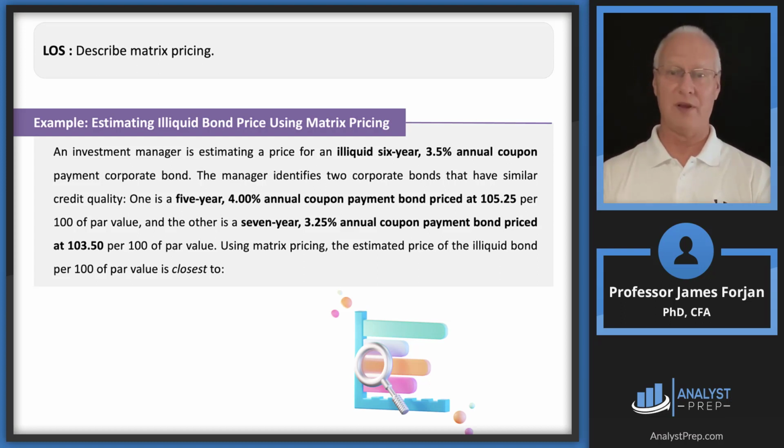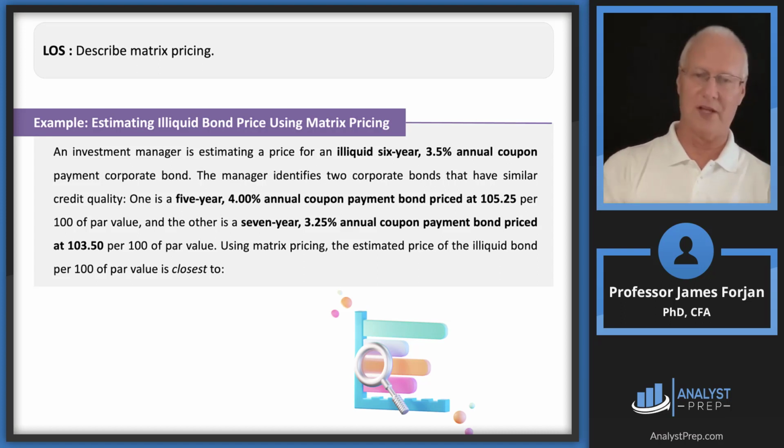All right, one is a 5-year, 4%. There's the price. And the other is a 7-year. There's the coupon and there's the price. So notice what's happening here. Ours is a 6-year bond. We couldn't find a 6-year bond, but we found a 5-year bond. And we couldn't find a 6-year bond, so we found a 7-year bond.